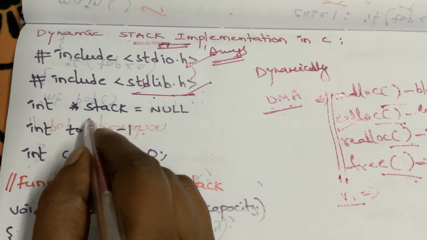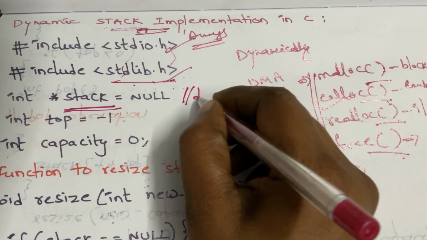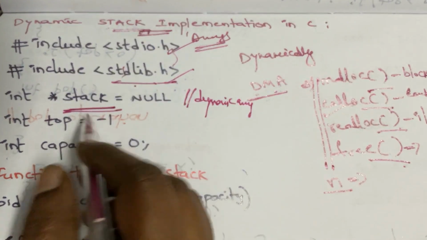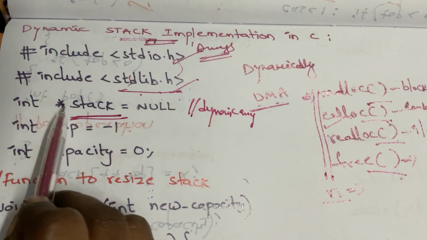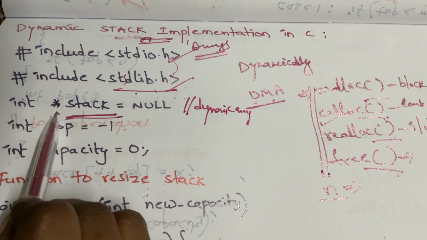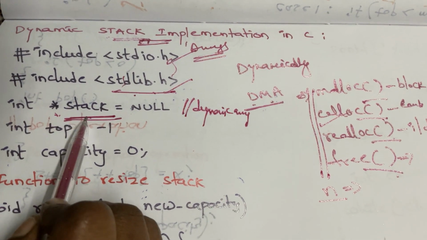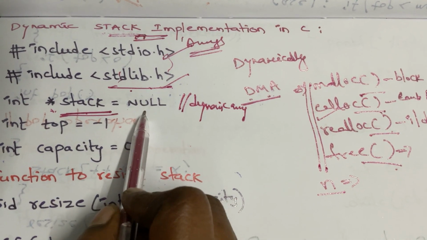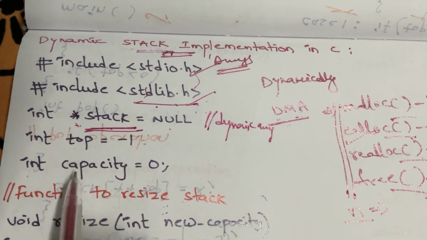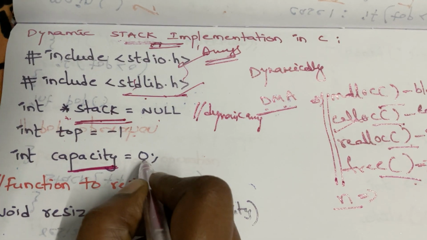Now look at this, it is a dynamic array. I have created a dynamic array, and for that I took a pointer. The asterisk indicates that it is a pointer. Initially this array is pointing to null, and the variable top is equal to -1, and capacity is equal to 0.